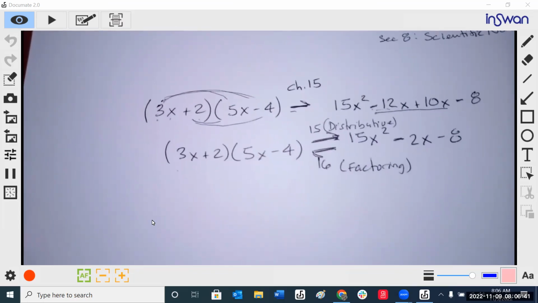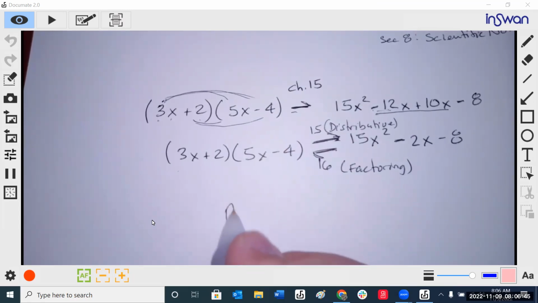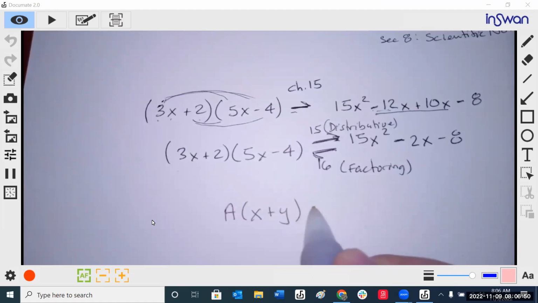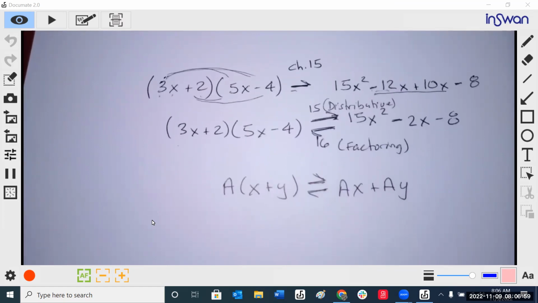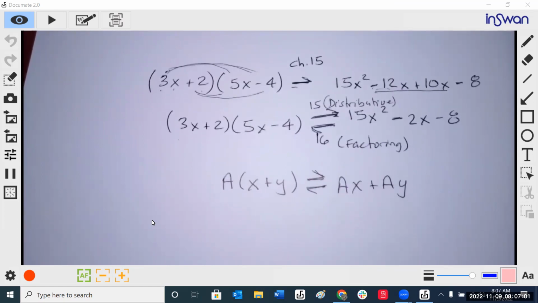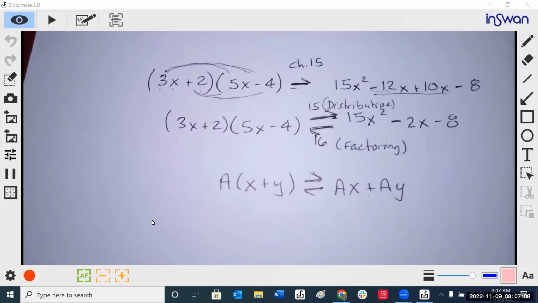Have we seen that before anywhere? Like 12 weeks ago? If you look back on your first week of notes, when I introduced the distributive property to everybody, this is what it was all about. We started off with learning the properties. Now we're going to end up the semester with the properties, with the most important one, the distributive property.